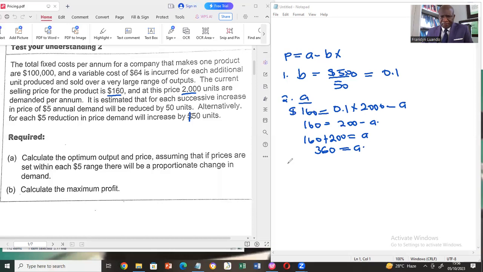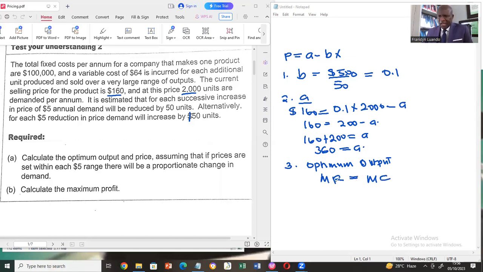So now number 3 is to calculate the optimum output. Optimum output is where marginal revenue is equal to marginal cost.